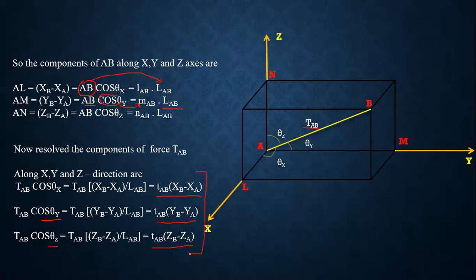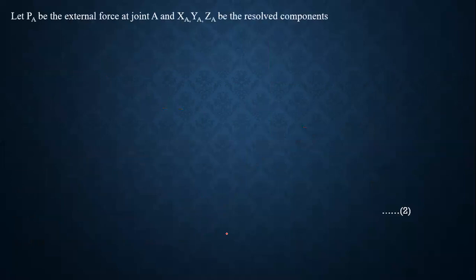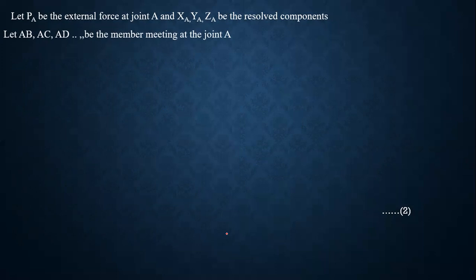Okay, we need to resolve this resultant force in each direction, in all three directions. First X, then Y, and last one is Z. Z is the vertical direction. Let PA be the external force at a joint A, and XA, YA, and ZA be the resolved components.